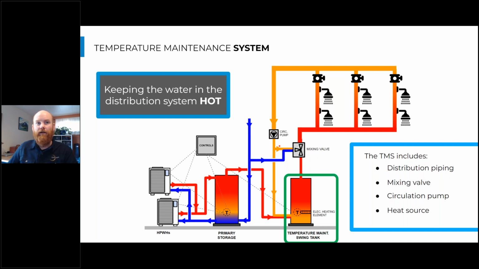So in the classic gas or electric resistance water heating system, we might not have a dedicated heat source as I'm showing here, where we've decoupled or separated the hot water circulation from the primary storage. So that circulation water is going to go into that tank and out of that tank. It's never going to interact with our primary system over here on the left-hand side of the screen.